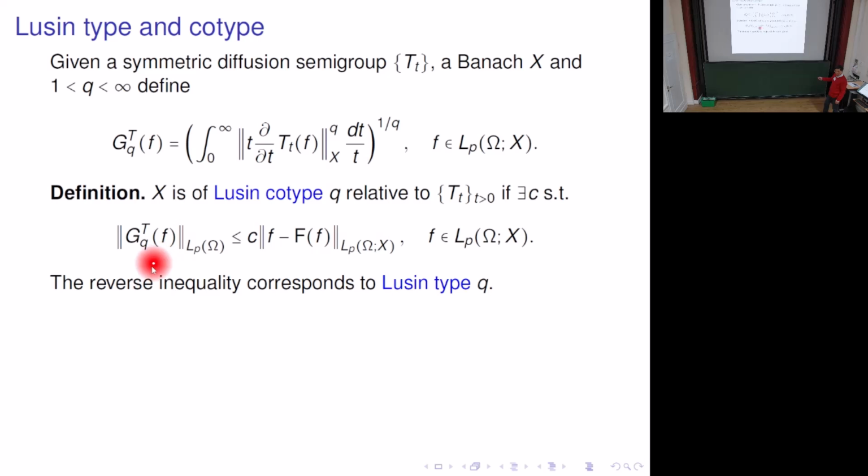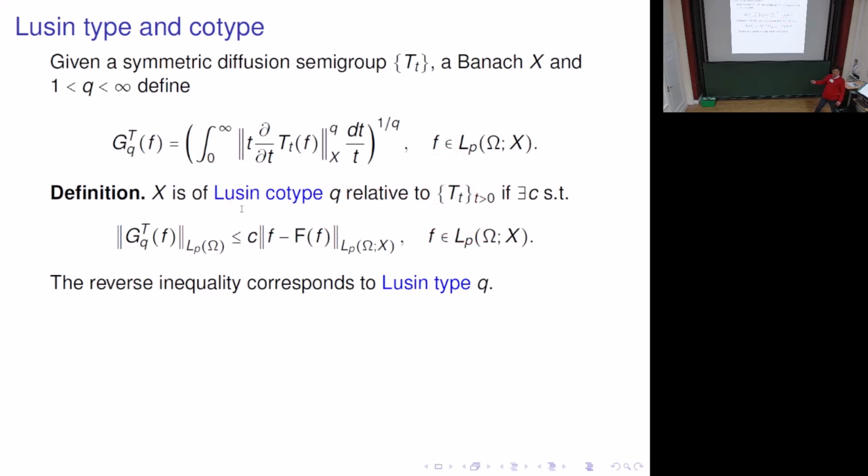Okay. So this is the upper estimate, which is analogous to the notion of martingale cotype Q. In this case, the Banach space X is said to be of Newton cotype Q, of course relative to the semigroup.